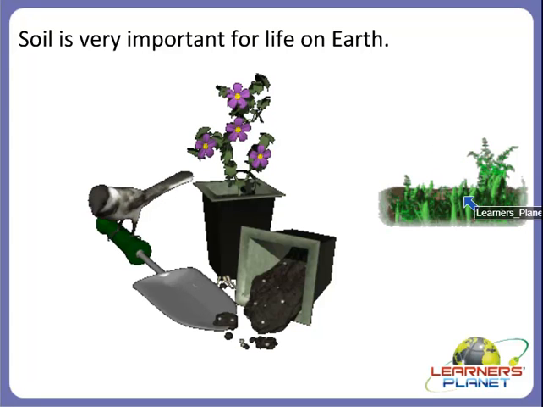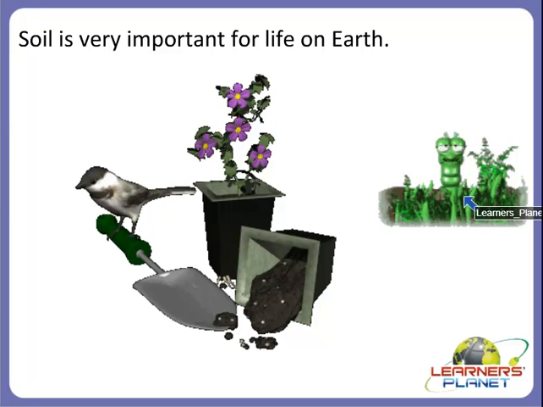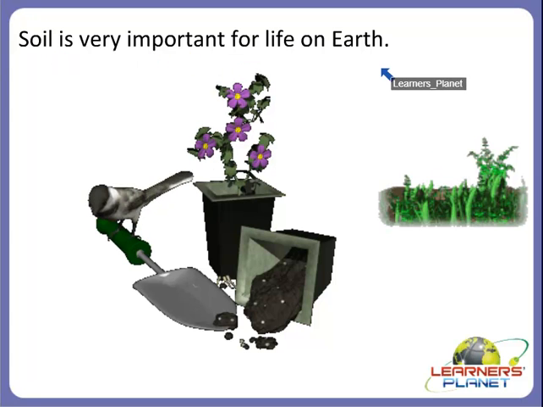Then some animals depend upon plants, right? And many carnivores or wild animals depend upon other plants and animals also, right? So soil is very important for life on earth.